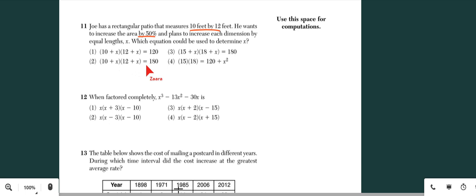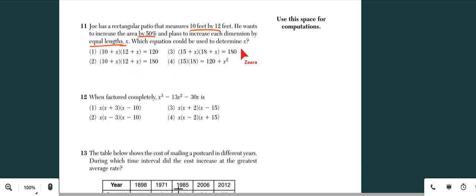Our target is to increase the area by 50%, and plan to increase each dimension by equal lengths x. So the target is to increase the area, but we have to increase the length by the same measure. We have to increase the length by x measure.